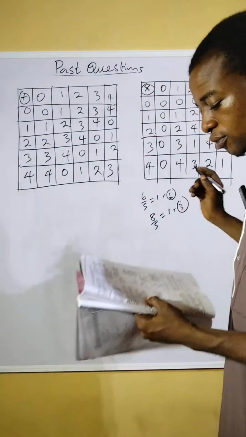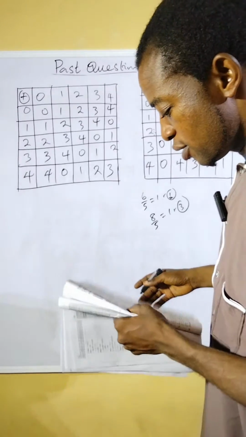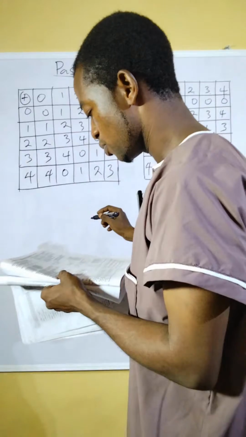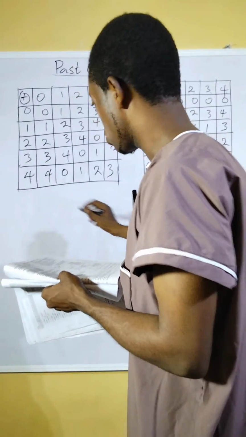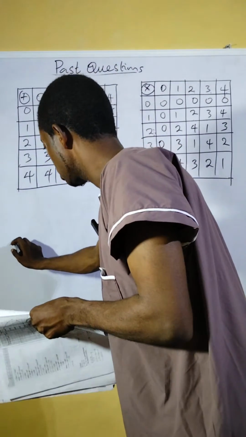Okay, now, the question says we should find, with this table, the first one says solve the equation, which will be question 4 now.